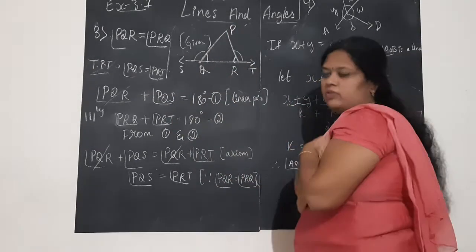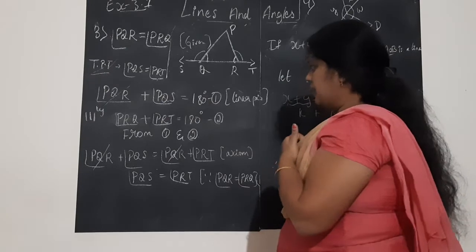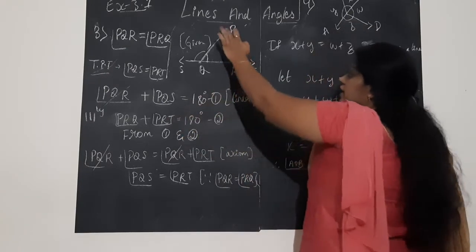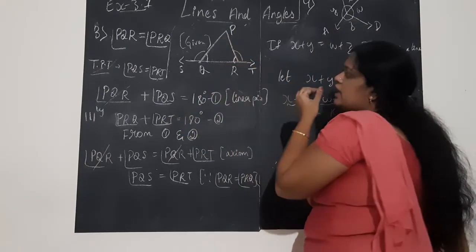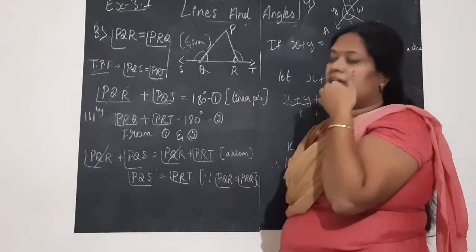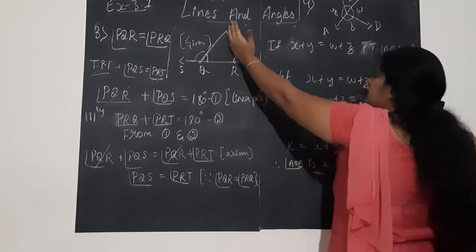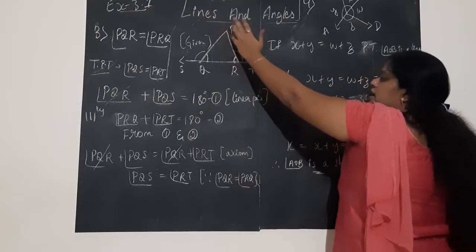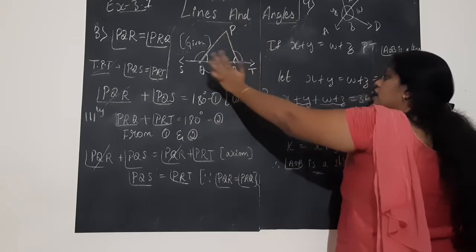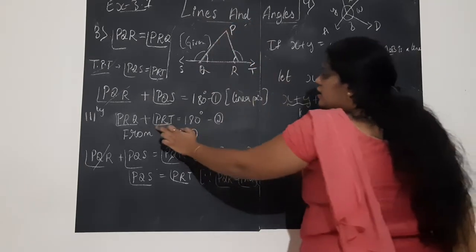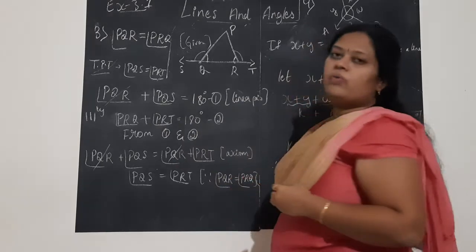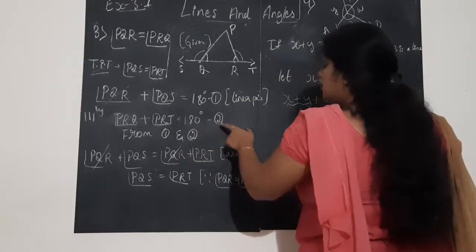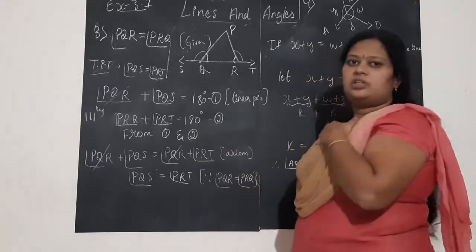I am calling it equation 1. Why? Because of the linear pair. Similarly, if I consider PR as the ray standing on the line QT, then angle PRQ plus angle PRT is also equal to 180 degrees. Again they make a linear pair. I call it equation 2.